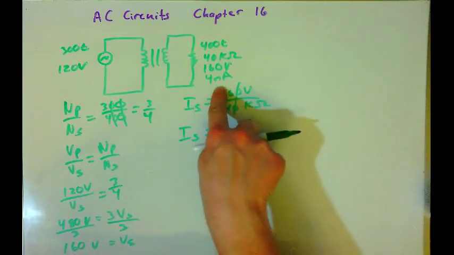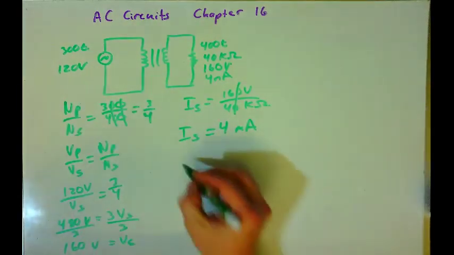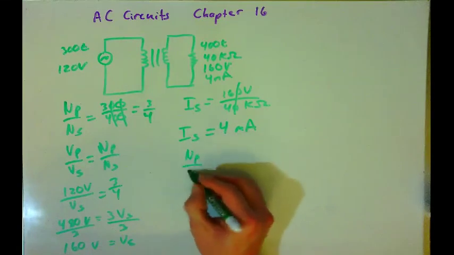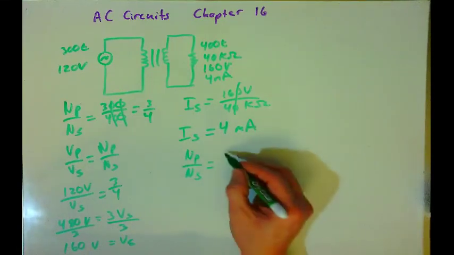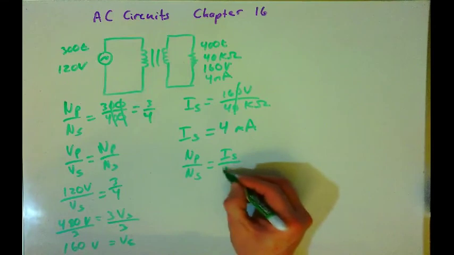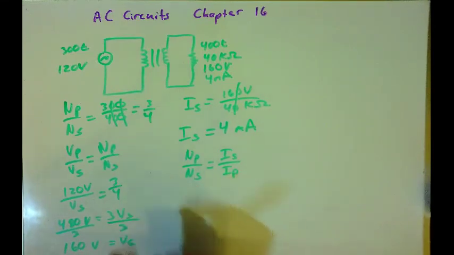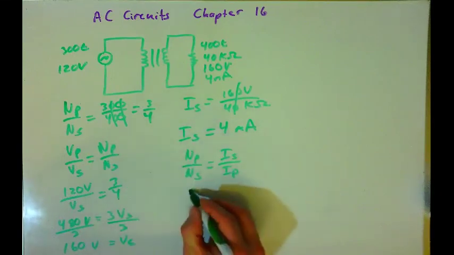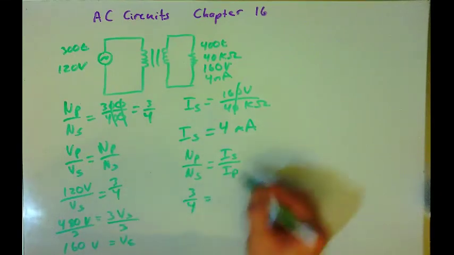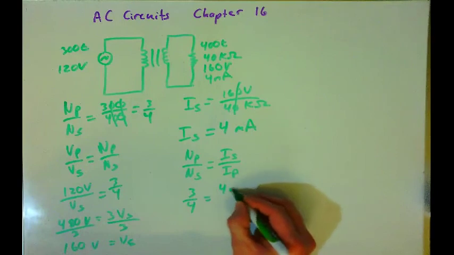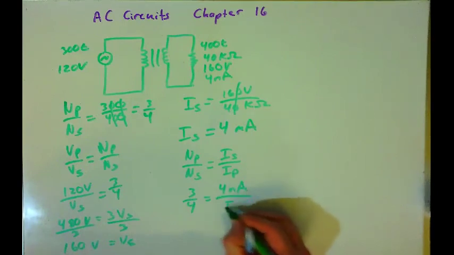Now that I know the secondary current, I can find the primary current. I know that the turns ratio is equal to the reciprocal of the current ratio. And so the turns ratio we already have as 3/4. Secondary current is 4 milliamps. Primary current is what we're looking for. We'll cross multiply.